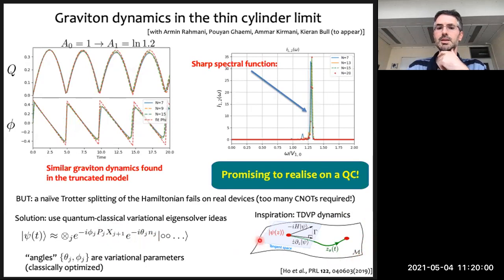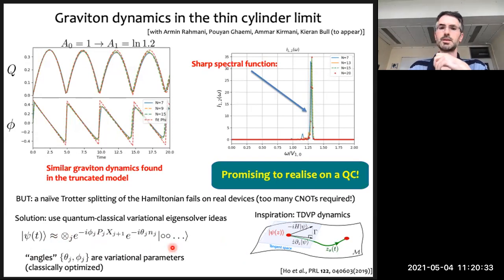It's connected with recent works that study quantum many-body dynamics using an approach based on the time-dependent variational principle, which you implement in manifolds of matrix product states. This has been used to study, for example, Rydberg atom chains, and it gave some nice results there. And we can borrow some of these ideas in our context here. So that's how we actually implement the dynamics on a quantum computer.